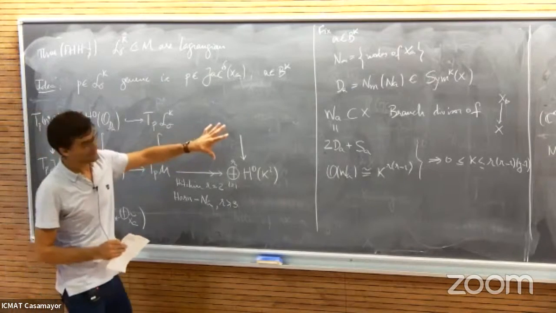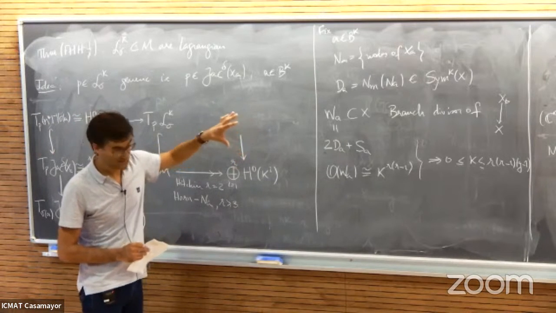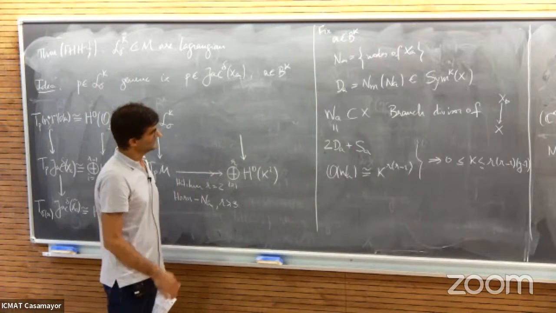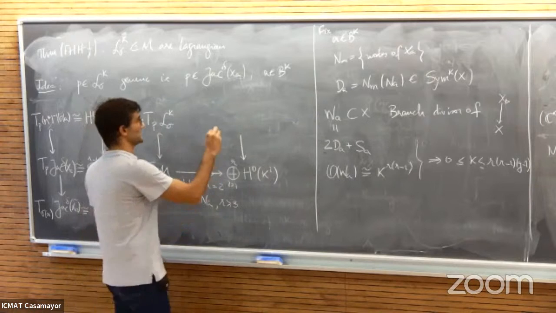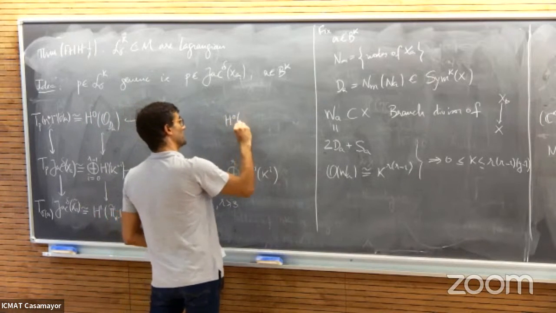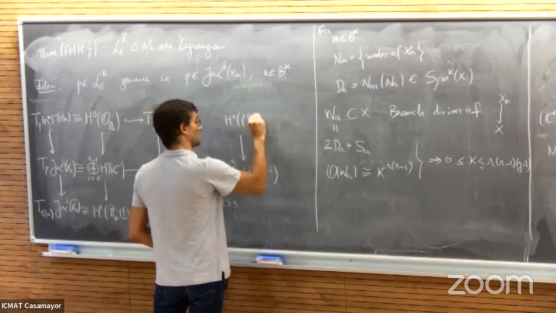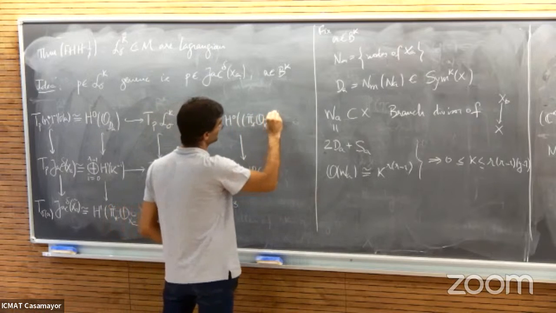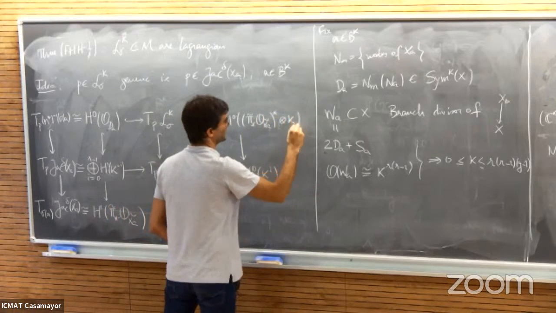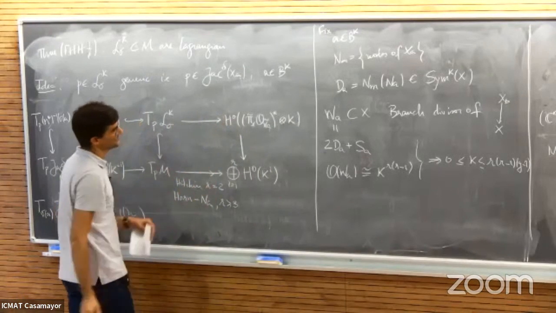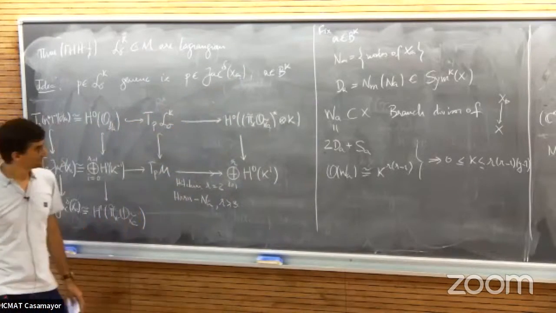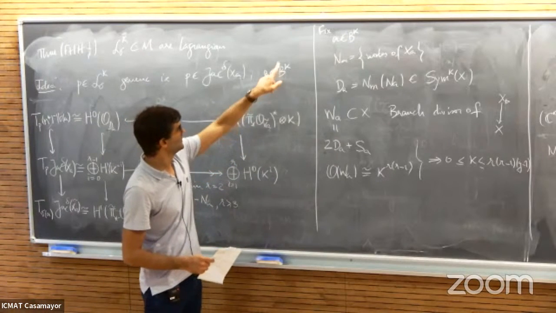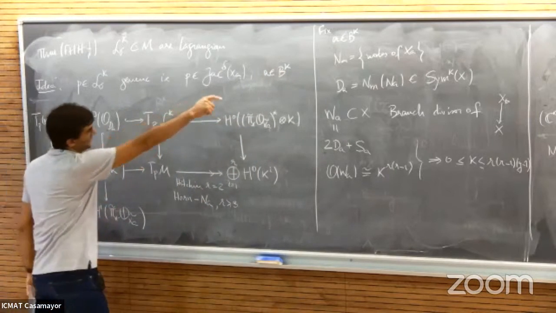And so here we have the Italian school that helped us, and then there's a very explicit way of parameterizing those, which in this case turns out to be H0 of the pushforward of the structure sheaf of the normalization twisted by K. So these are really the equisingular deformations of the spectral curve inside the same linear system, which you can think of as a tangent space to this moduli space.